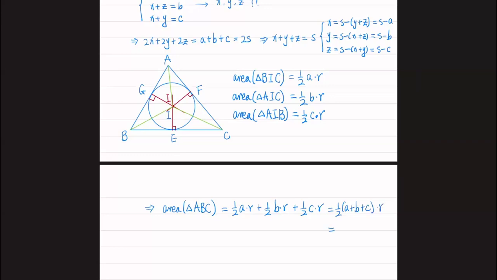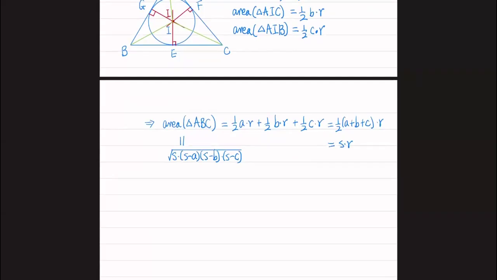And this is the half perimeter times r. And by Heron's formula, we know that this is also the area. Combine the two, we get the formula for the radius.